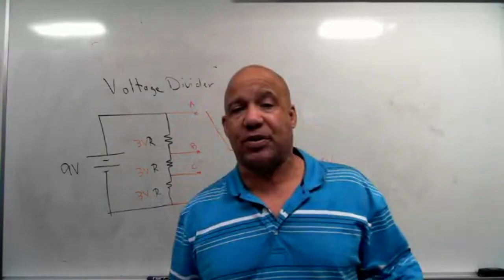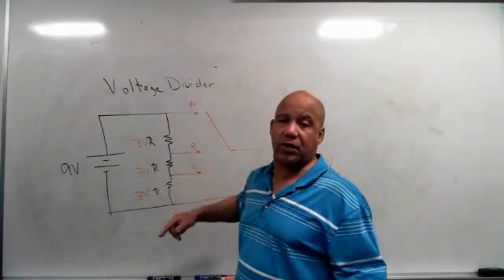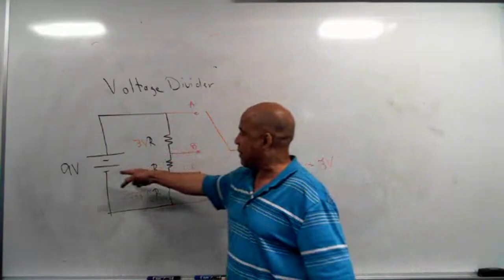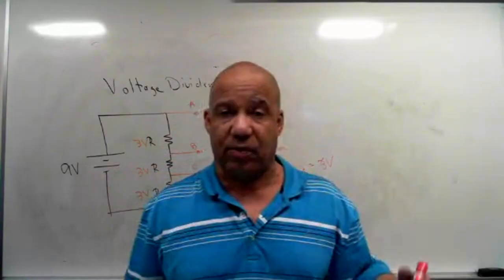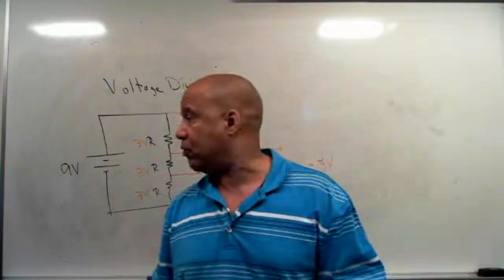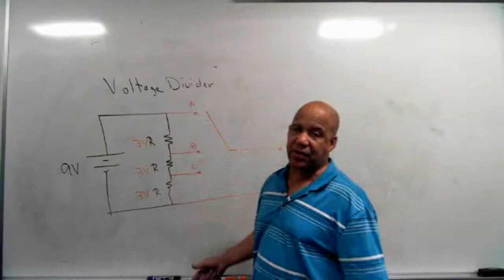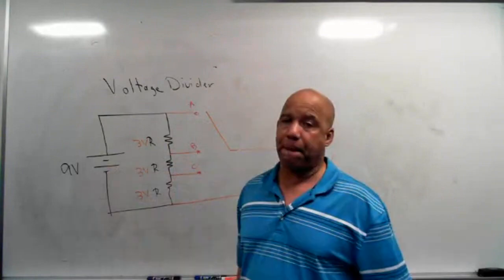But there's no reason why the resistors have to be equal. I can have any resistor down here to get any voltage drop. The only thing that's true is when I add up those voltage drops, it can't be any higher than my total voltage. Kirchhoff's voltage law says the sum of the voltage drops equals the total voltage. So I can play with these resistor values to get any combination, but I can't go above my total.